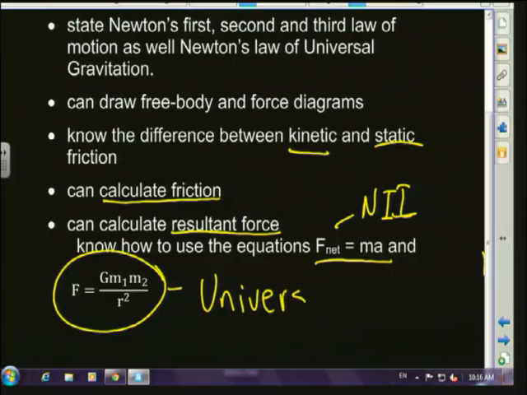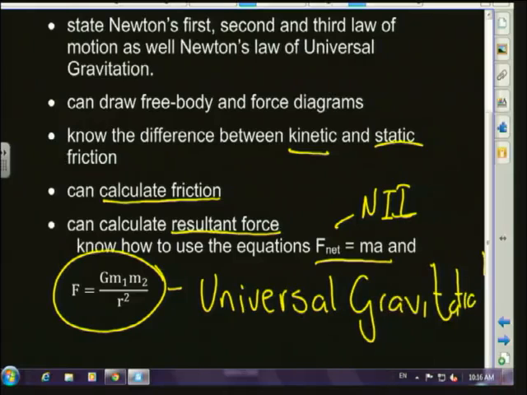And remember, with universal gravitation, big G is your constant, and will be given to you on your information sheet. You don't need to learn what that constant is, so don't stress about learning constants. All will be given to you. It's about being able to apply them.